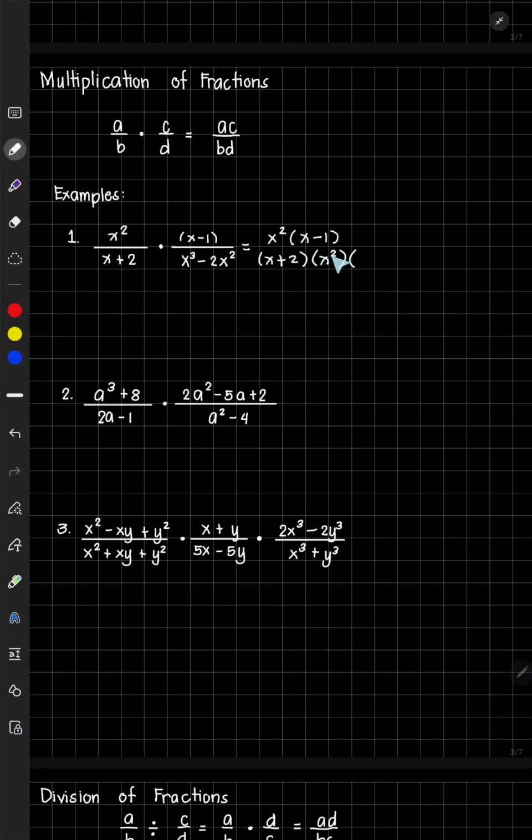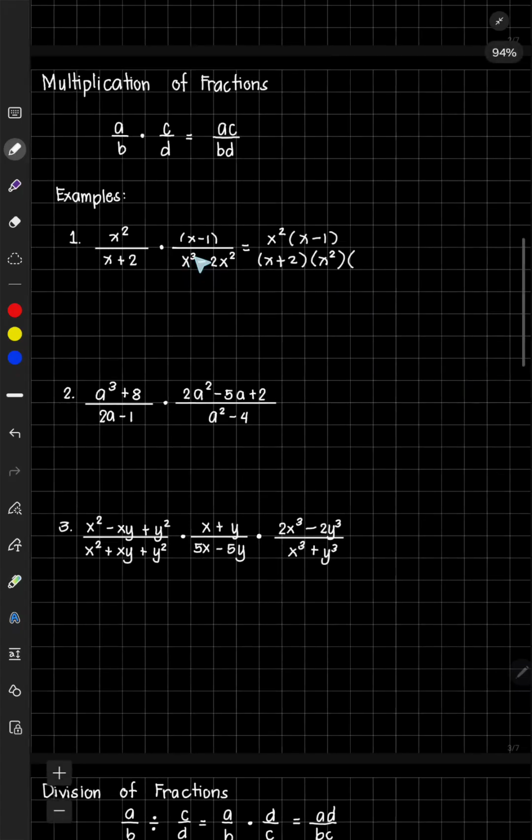Then since we bring out x squared, we have x cubed divided by x squared, we will have x, and then 2x squared divided by x squared, so we will have minus 2 in that. As we can see, we have x squared in the numerator, we also have x squared in the denominator.